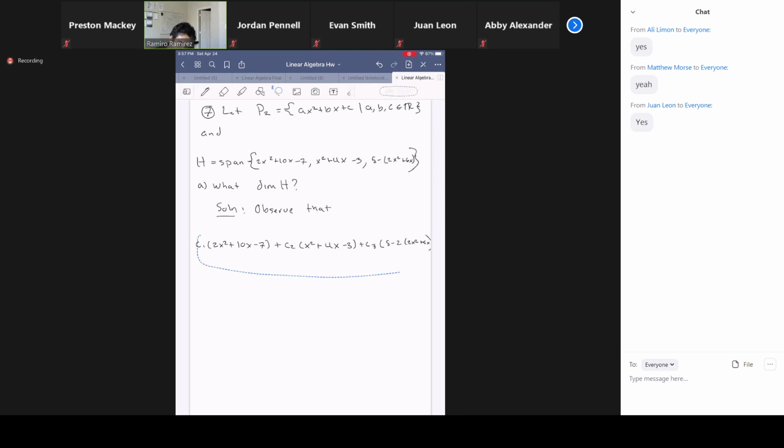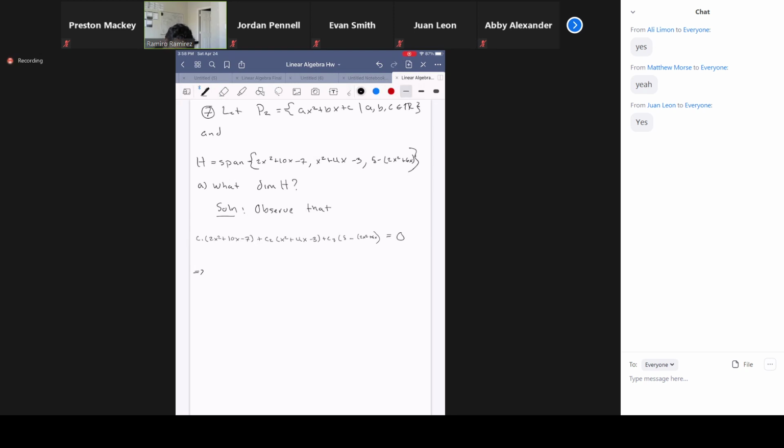Okay, so let's see. Let me shrink this a little bit. Is equal to 0 now. Okay. So combine everything. If you combine everything, you're going to get, there should be just a minus there.